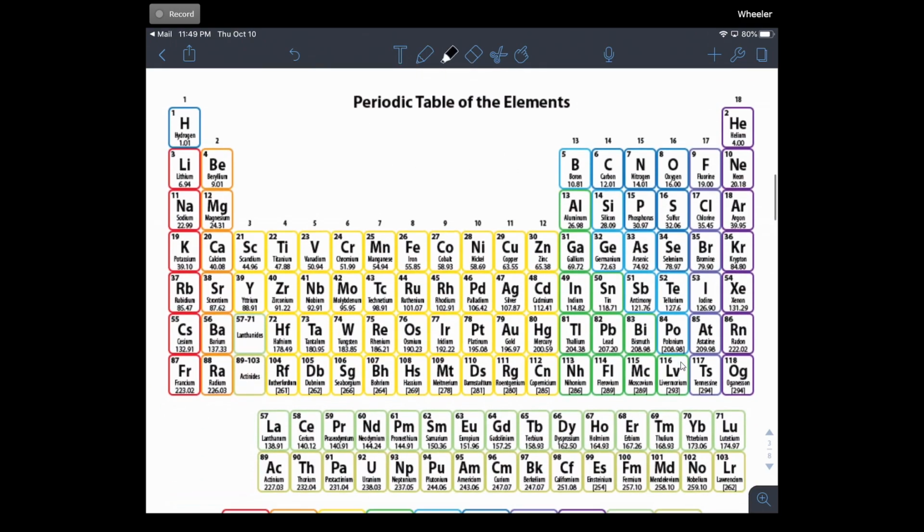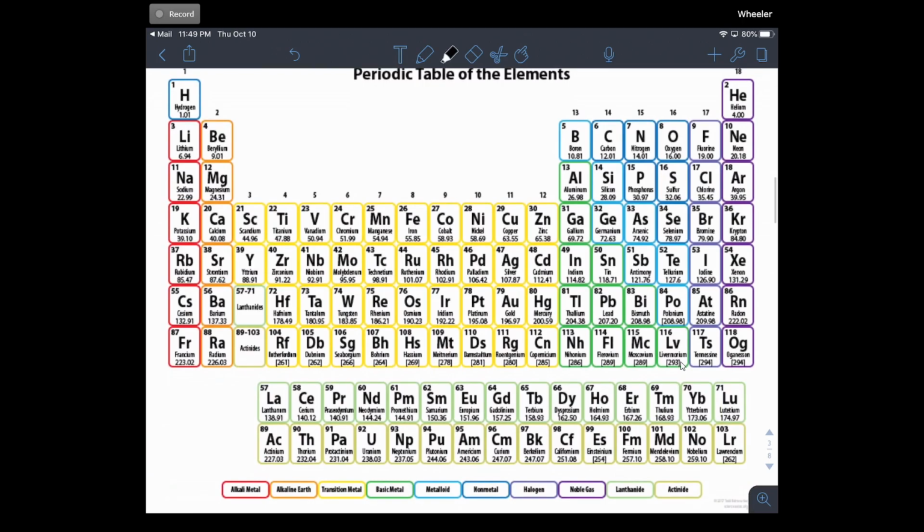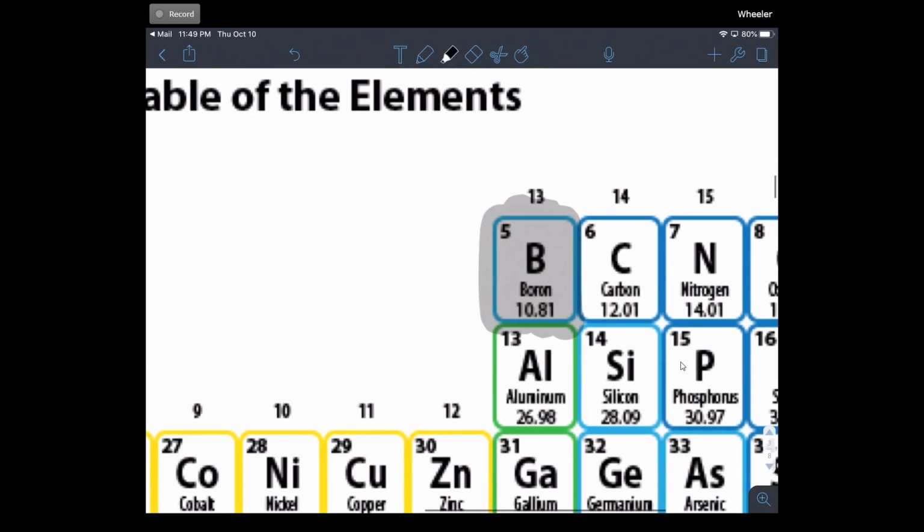So here is a periodic table. And so if I look at an element like boron, atomic number 5, it has those 4 basic pieces of information. I have the number 5, which tells me that I have 5 protons and 5 electrons in a neutral atom.